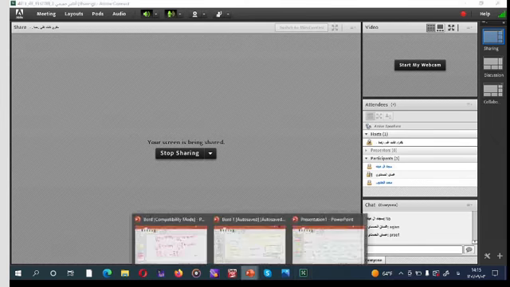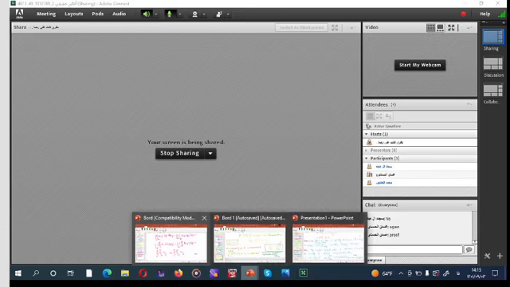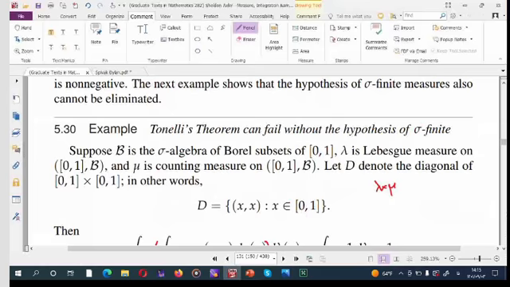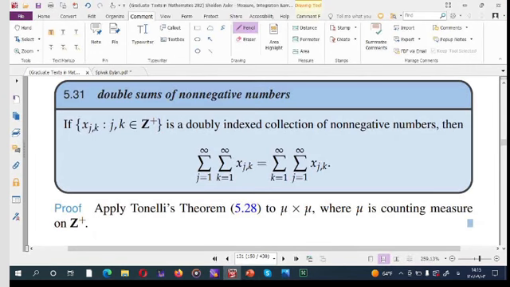let's see, I repeat the proof for this example, double sums of non-negative numbers. If this is a doubly indexed collection of non-negative numbers, we want to prove that we can change the order of summation.